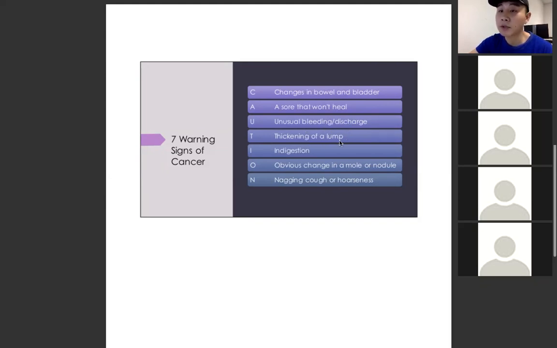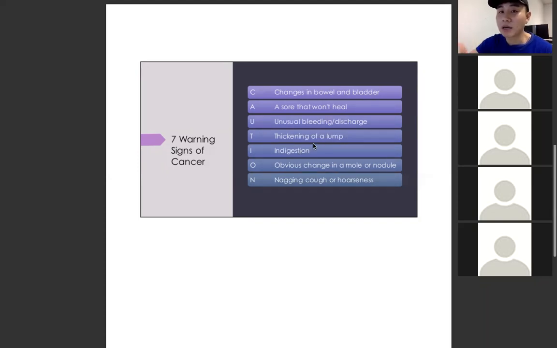Thickening of a lump, usually if it thickens above the clavicle, that is usually a very dangerous sign. Around the neck, and usually in females, it will be around the armpit, which is an indication of breast cancer. So thickening of a lump is one of the warning signs of cancer.